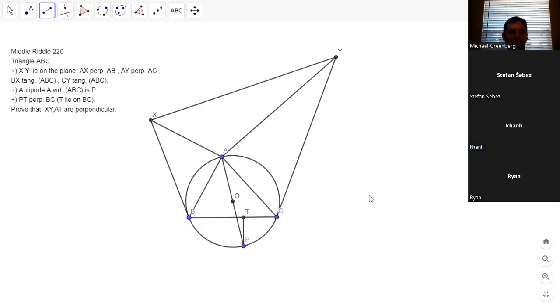Maybe we could show AX squared minus AY squared is TX squared minus TY squared. Although I'm not sure if that would be that useful.